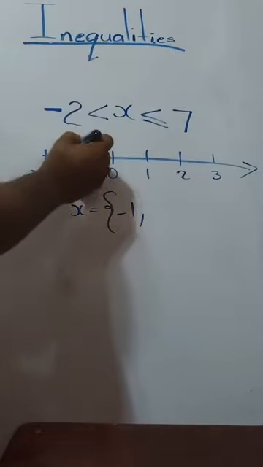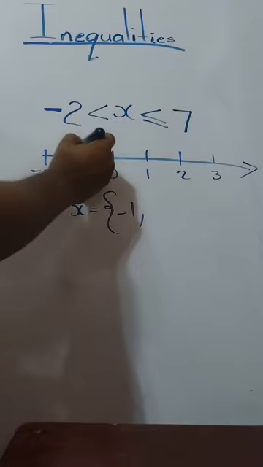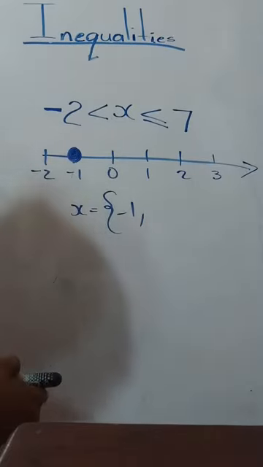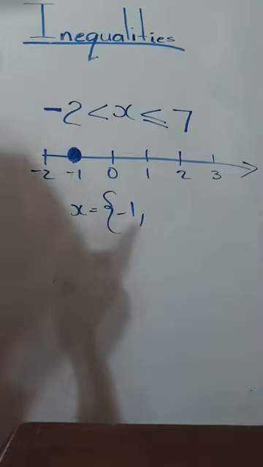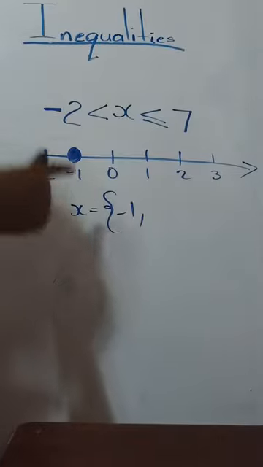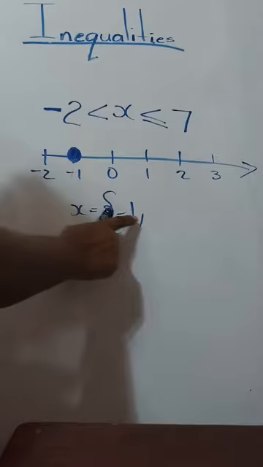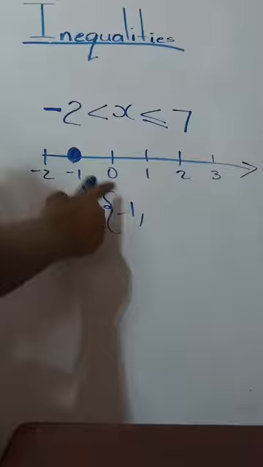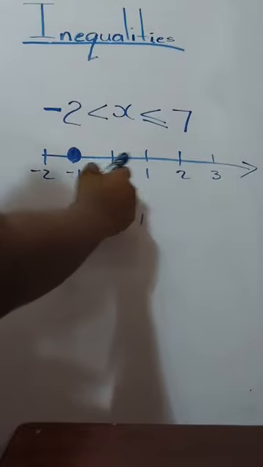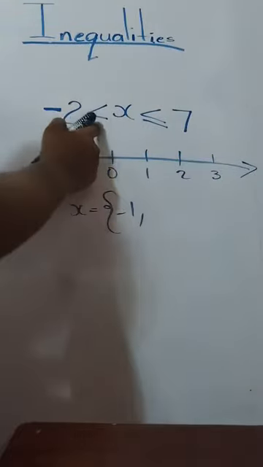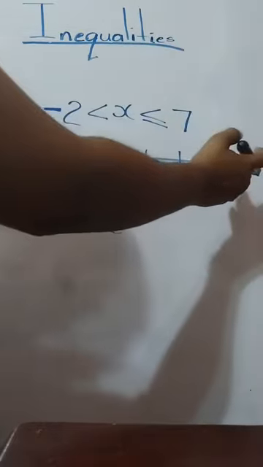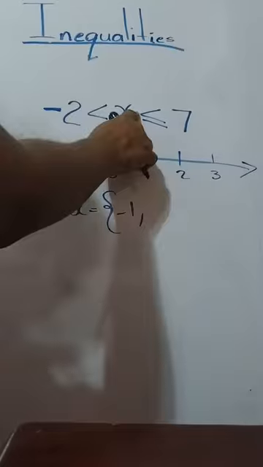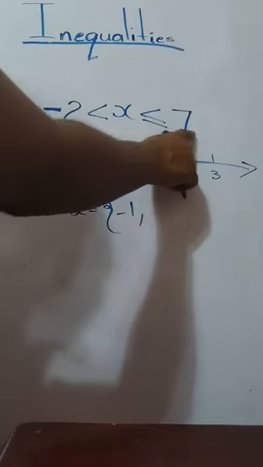So x starts right here, if I'm looking at whole numbers or integers only. Starting at -1, all these values would satisfy it because they're greater than -2. But there's another condition on x to say x is less than or equal to 7.